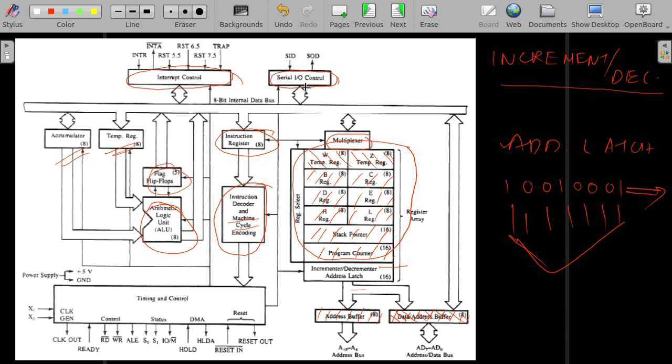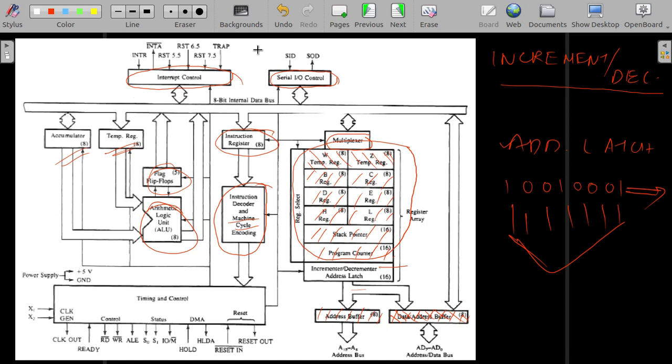Okay, anyway, the thing is that 8085 has a provision for serial communication, and it has a dedicated control here, and the input outputs are given here. And the next thing is the timing and control. So all the other signals, all these are pins which are connected to the outside world.